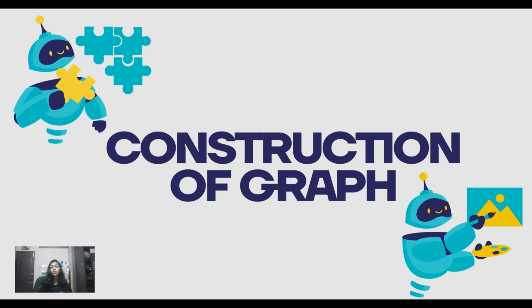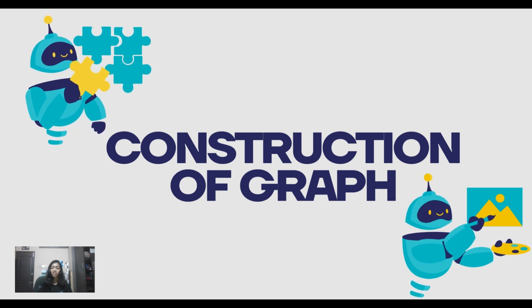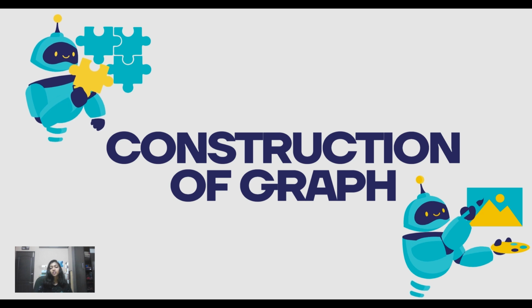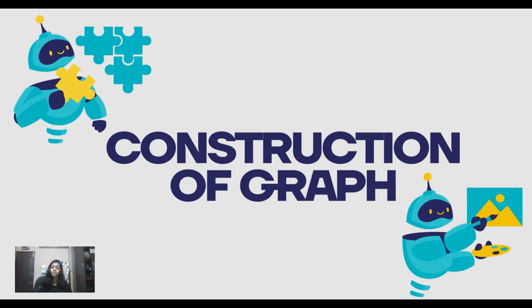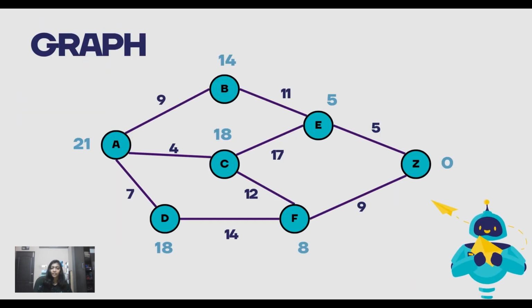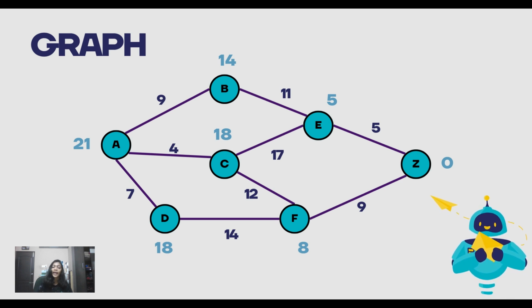So, in order to understand the A-star search algorithm, let us take a simple example. So this is the graph I have chosen. In this graph, there are seven nodes, which are A, B, C, D, E, F, and Z. A is the starting node, and Z is the goal node. And there are a bunch of values in this graph.